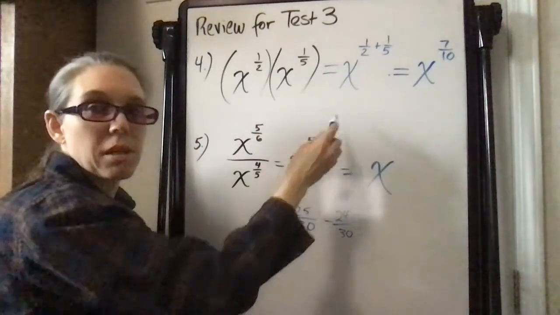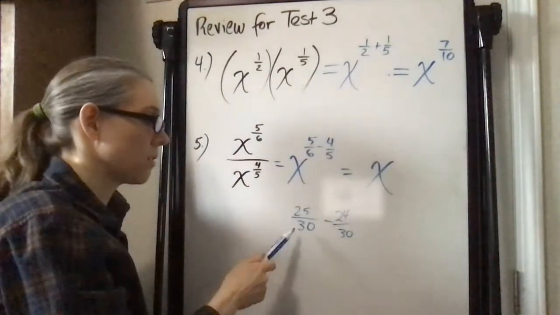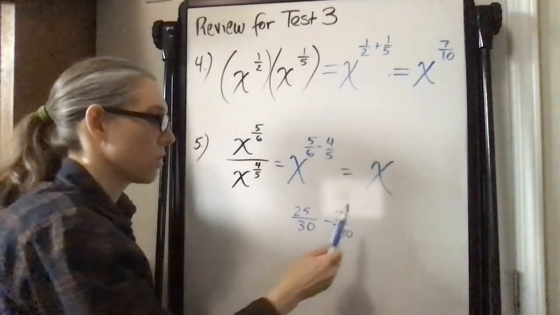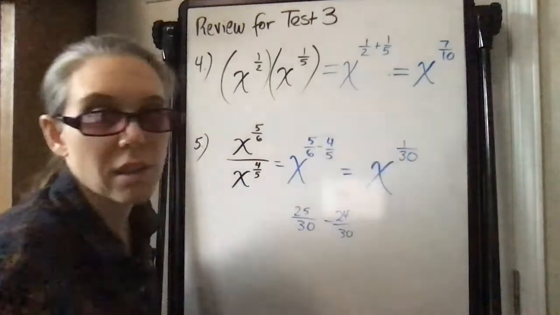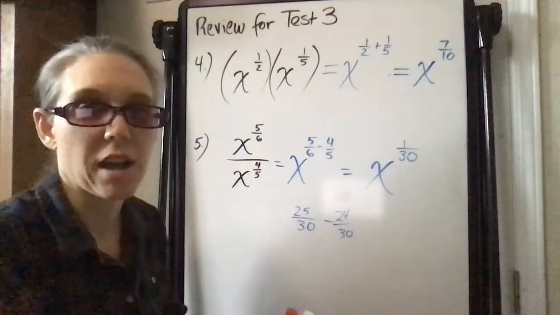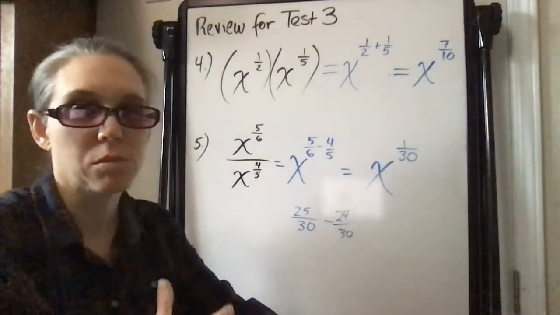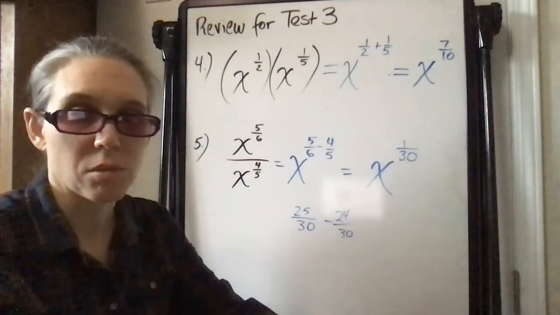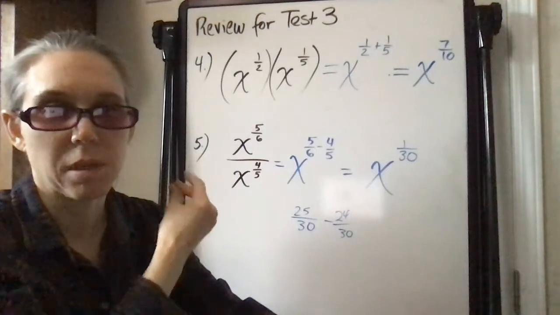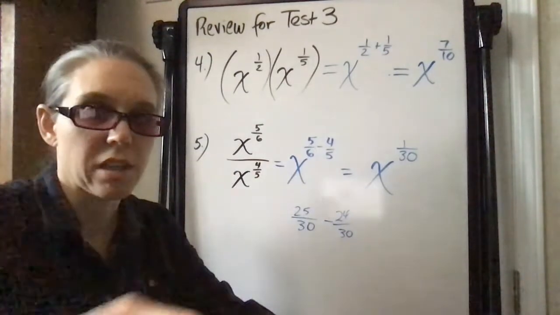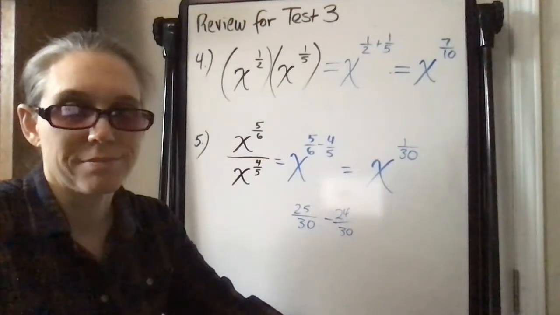So 5/6 minus 4/5 is 25/30 minus 24/30, which is 1/30. That's the answer to number 5. Again, these can be very quick problems with some practice on the review. The practice test online would allow you to answer these questions very quickly if you run through those a couple times.